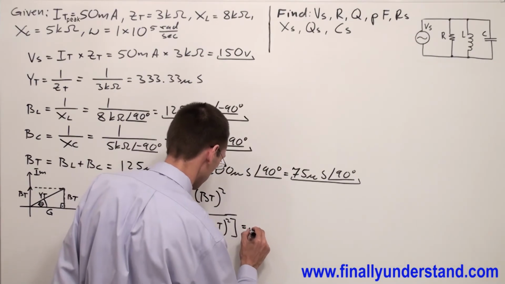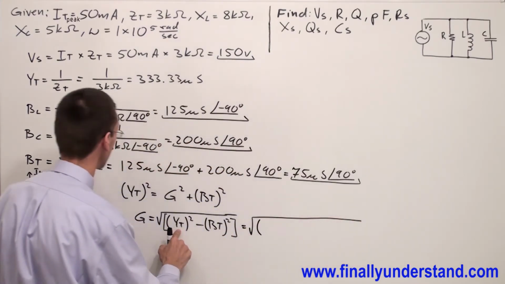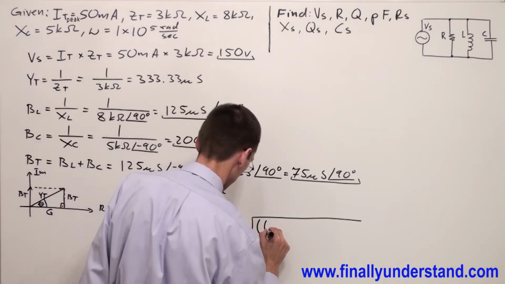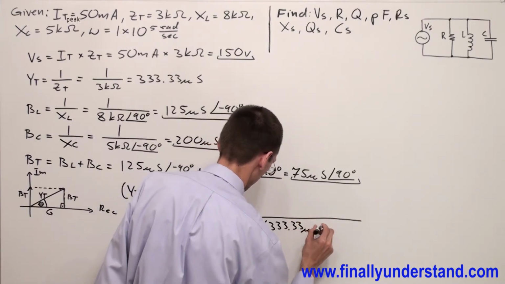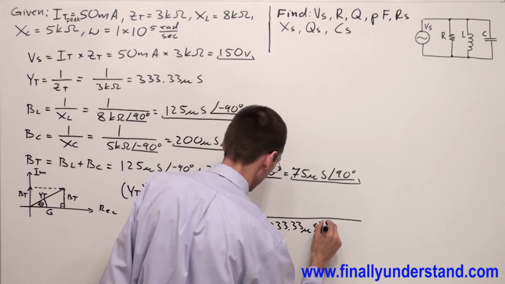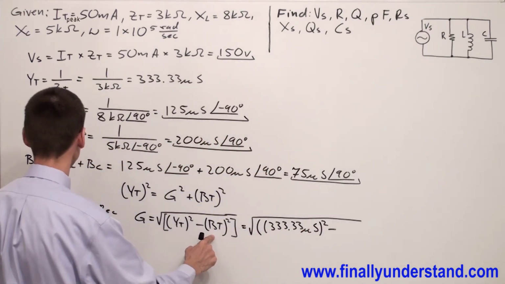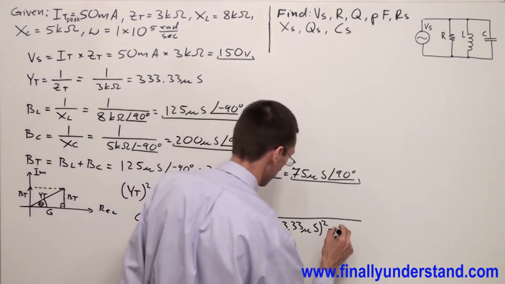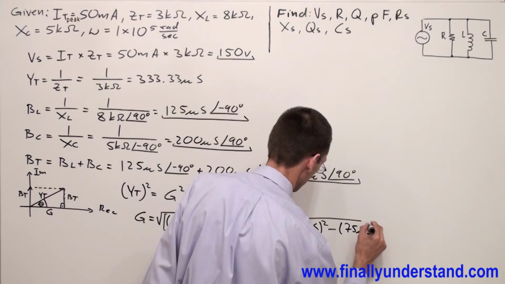This is equal to the square root of, and Y total is 333.33 microsiemens raised to the second power minus B total, which is 75 microsiemens raised to the second power.